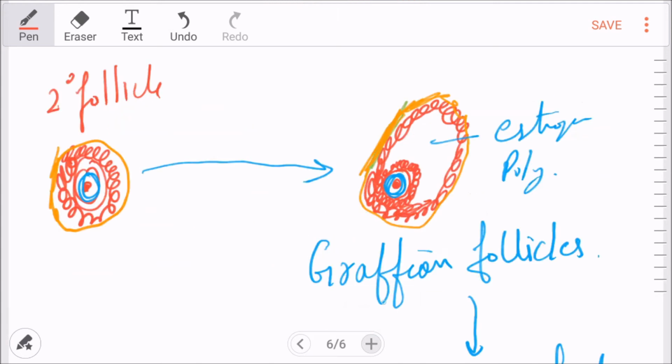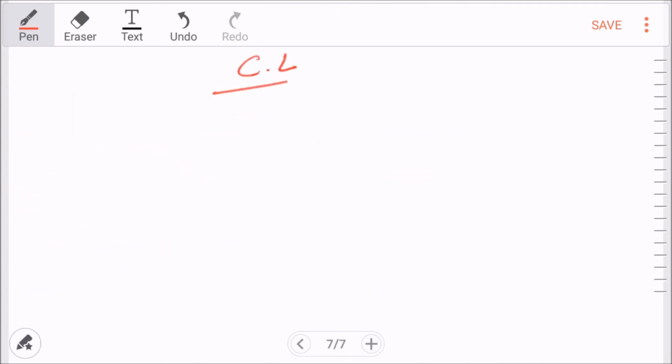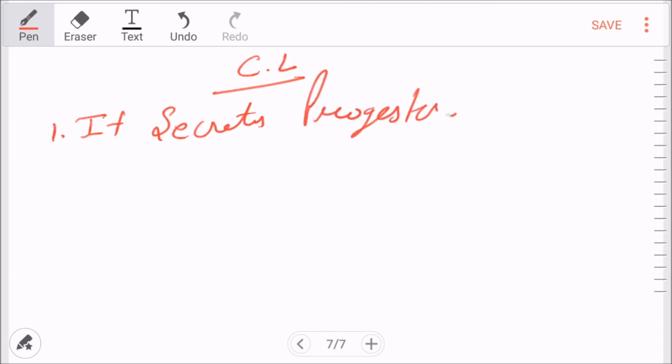What is the role of corpus luteum? First, it secretes progesterone hormone.